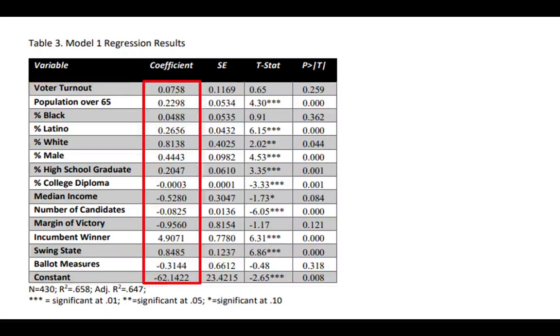Then we've got our coefficients, right? These are those estimates, the parameters. So this tells us the magnitude of the effect. Notice some are positive, some are negative. So that tells us if they would have an increase in terms of its effect on the dependent variable or if they would make it decrease. But that by itself doesn't tell us everything because it doesn't tell us anything about significance.